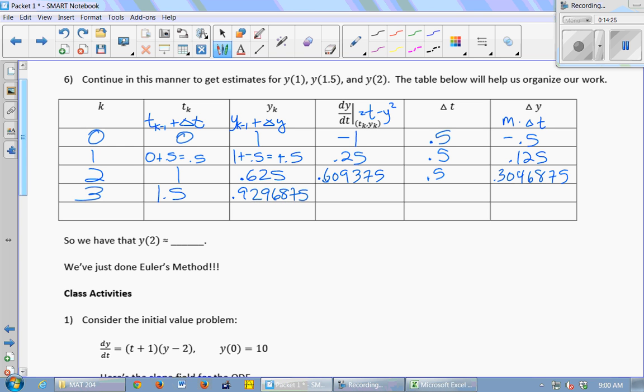Previous y plus delta y. So then I take my t value and my y value and I plug into the differential equation to get a new slope. So 1.5 minus 0.929 squared comes out to 0.63568.